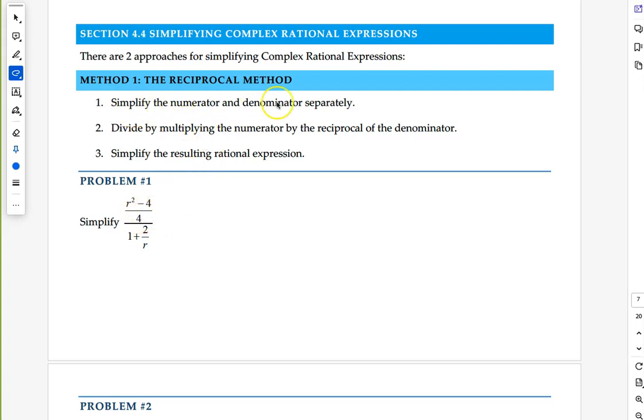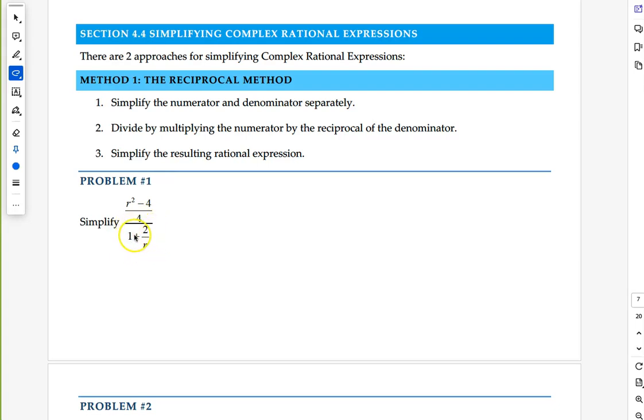On this one, we're going to treat these as 2 separate problems. Do you see how I've got a fraction within a fraction? That's why these look so crazy. On the top, I just have one fraction: r squared minus 4 all over 4.